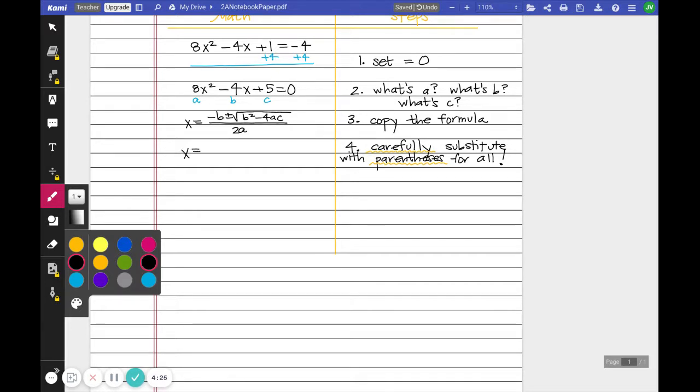So here we go. x equals negative b plus or minus the square root of b squared minus 4ac all over 2a.